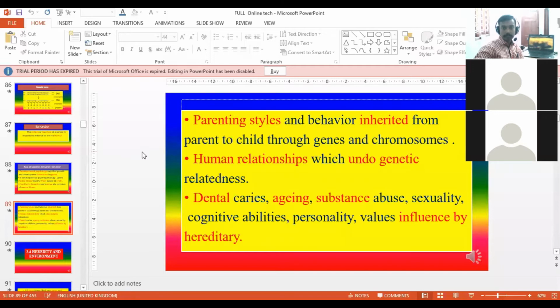Parenting style means the care given to children. Behavioral traits derive from generation to generation through genes and chromosomes.